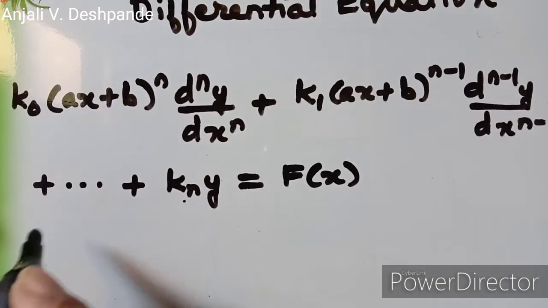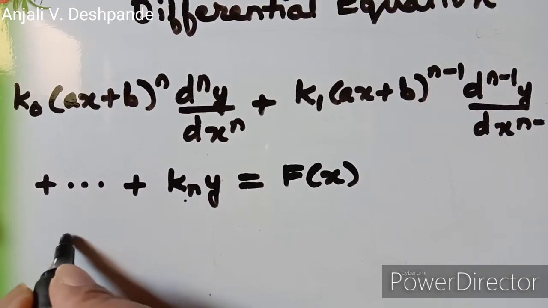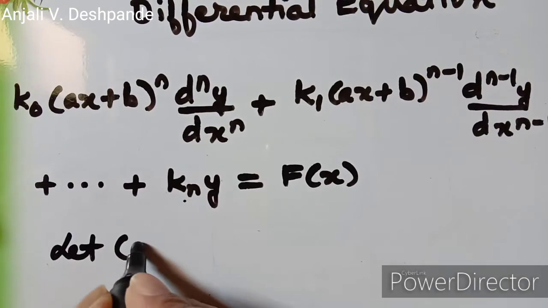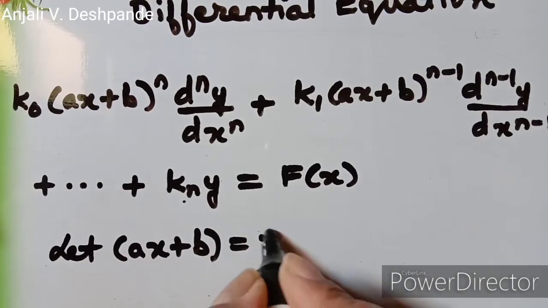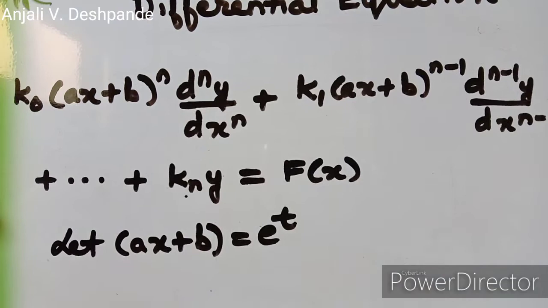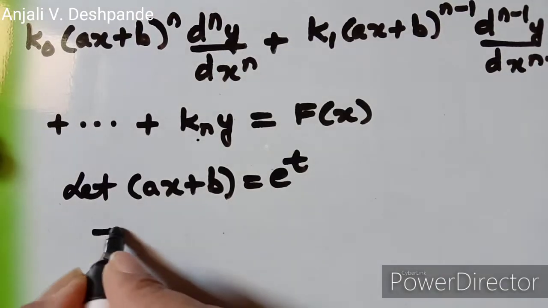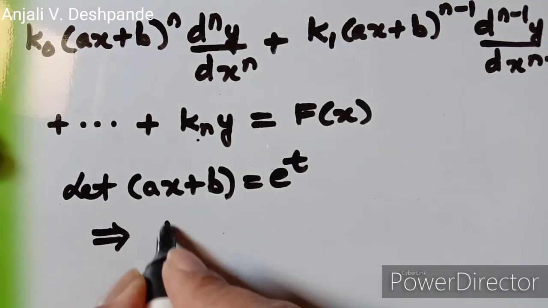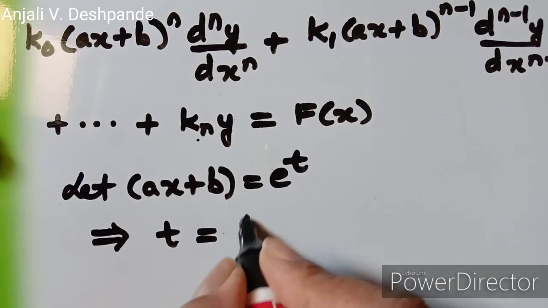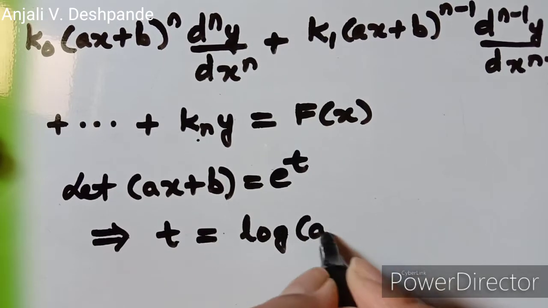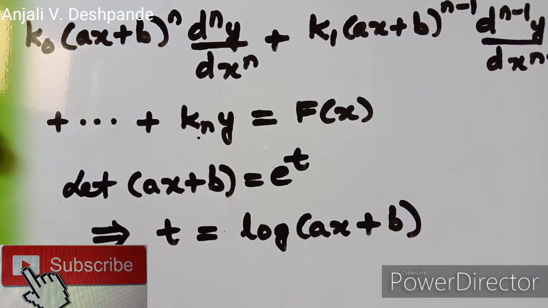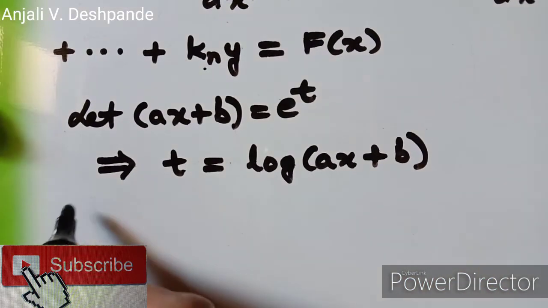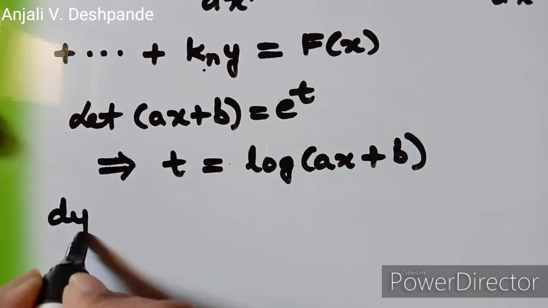For this we have to make one substitution. Let ax plus b is equal to e raised to t. So this implies that t is equal to log of ax plus b. Now we will find the value of dy by dx.